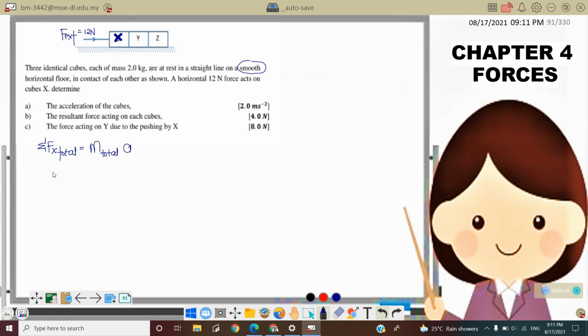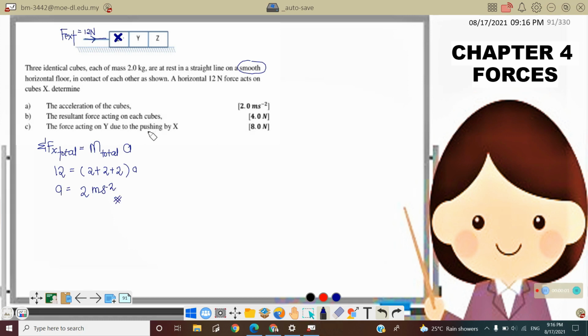Here, F external is pushing X, so the F total is only 12 Newton, and the mass for X, Y, Z is 2 plus 2 plus 2, times a. Meaning that the acceleration for this system is equal to 2 meter per second squared.